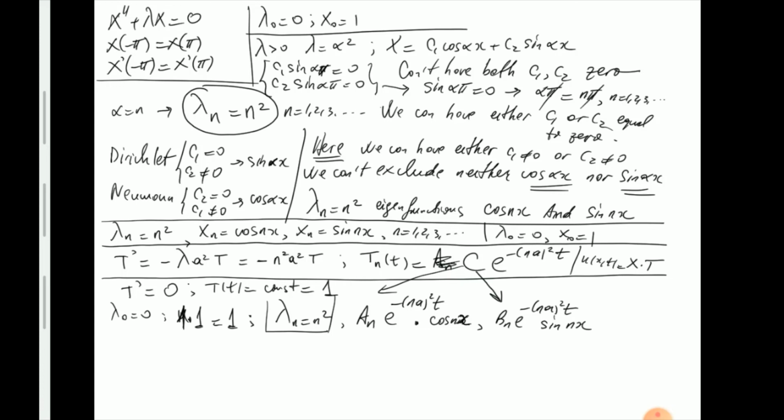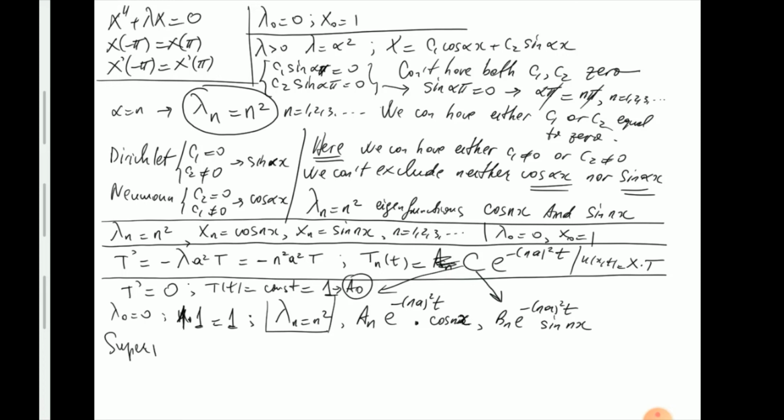Now when you do the superposition principle, and by the way, this constant for when T prime equals 0, just to keep the pattern here, you can denote by a naught, not just 1, because then you have a linear combination of everything here.